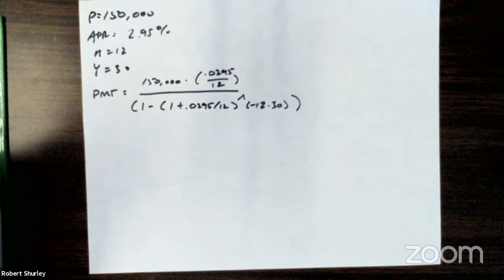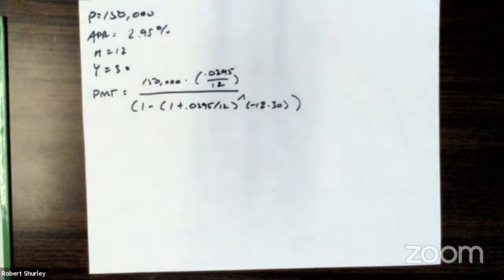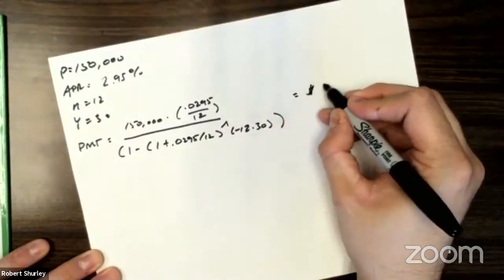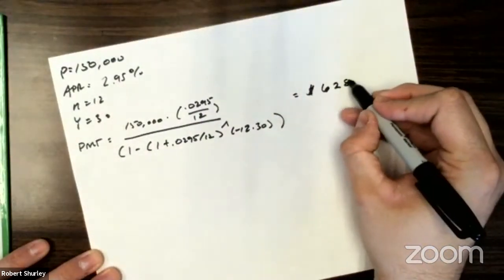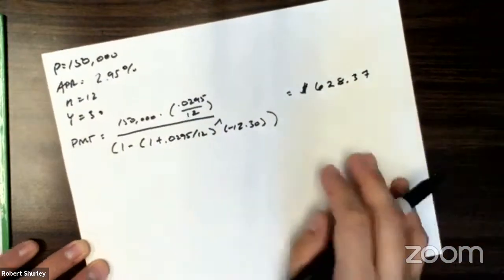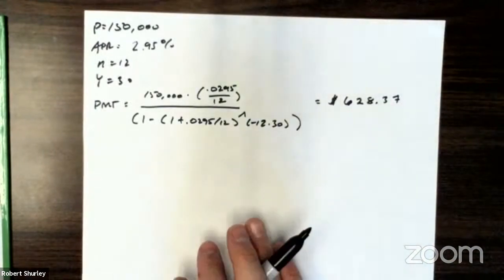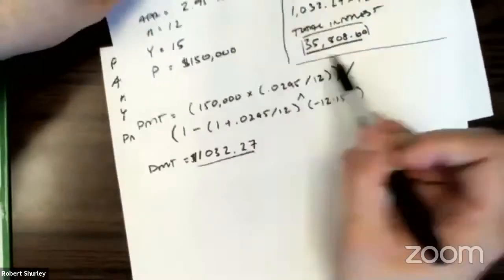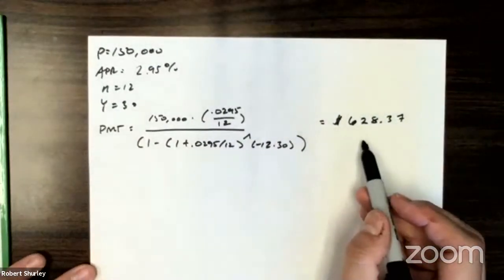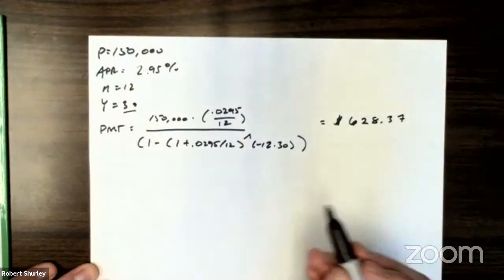Oh man, our payment is much better. $628.37. That is not bad at all, right? Remember, our payment on the last one was $1,032.